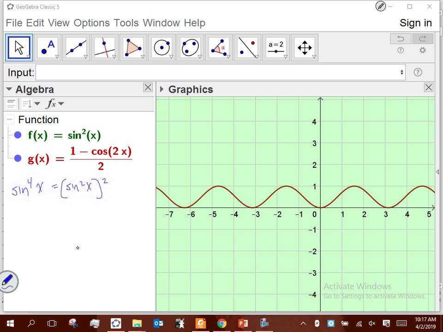If I have sine to the 6th of x, I can rewrite that as sine squared times sine squared times sine squared, right? Or sine squared x to the third. Does that make sense? Power to a power, you multiply, that's going to equal my 6, right? If I go sine to the 8, that would be sine squared to the fourth, right?